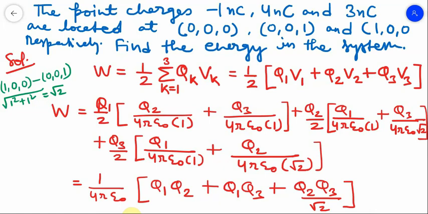If you don't want to convert nanocoulomb into coulombs, let it be in nano, so the energy will also be obtained in nanojoules. If we put all the values, you will get this answer, that is 13.37, and the unit will be nanojoules.